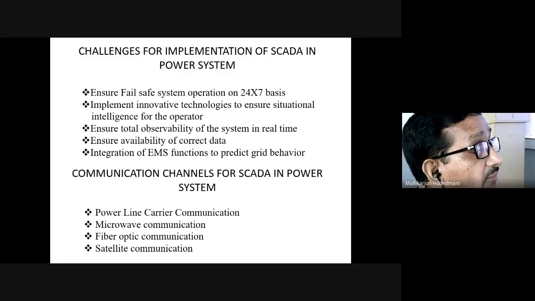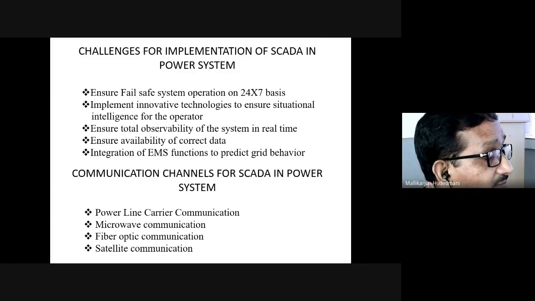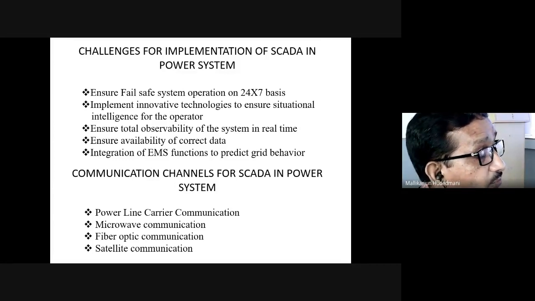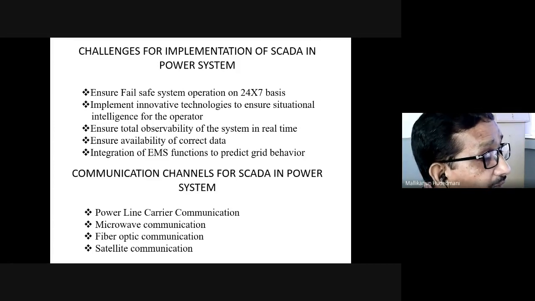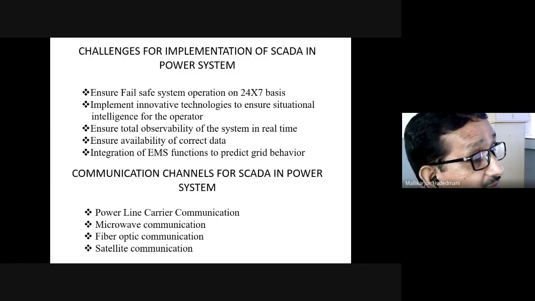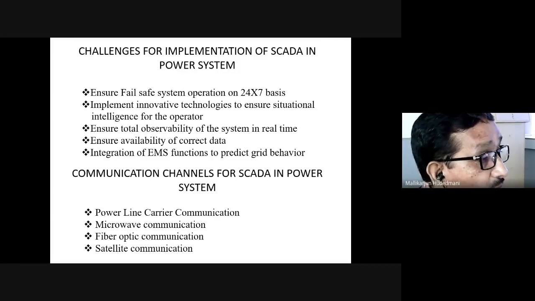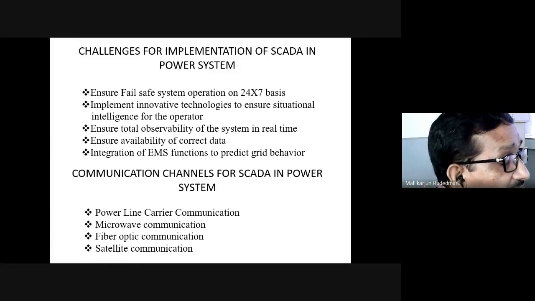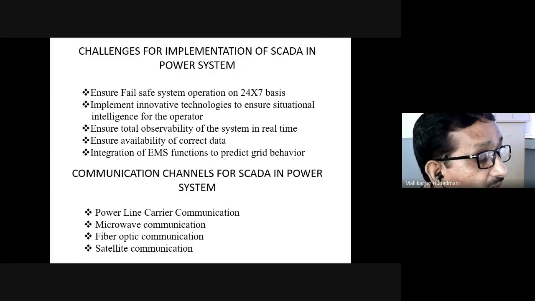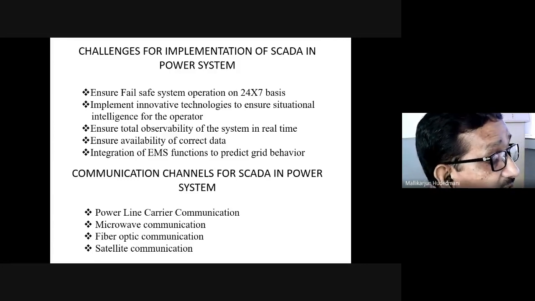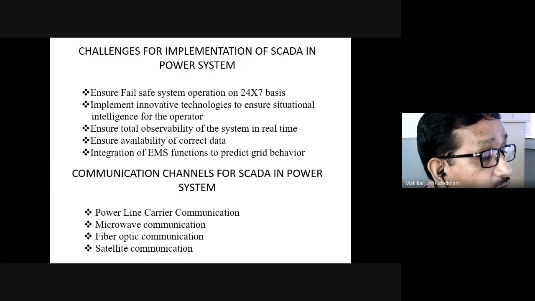A generator under observation may be working critically, close to its net capacity, and a further change in demand would definitely cause it to stall and fail. Situationally, it will provide you knowledge, a screen full of data, a handbook of information, and logs of previous such situations. So this is going to provide intelligence to the operator.